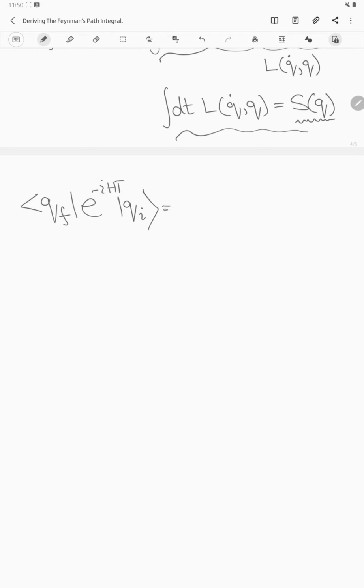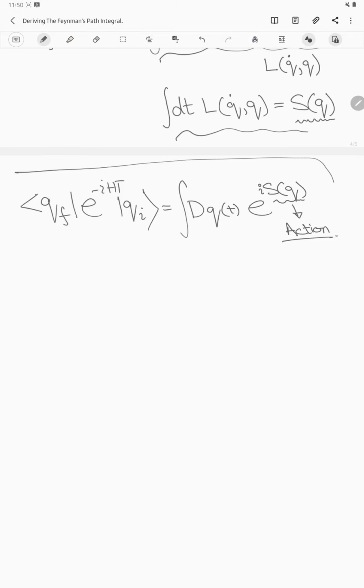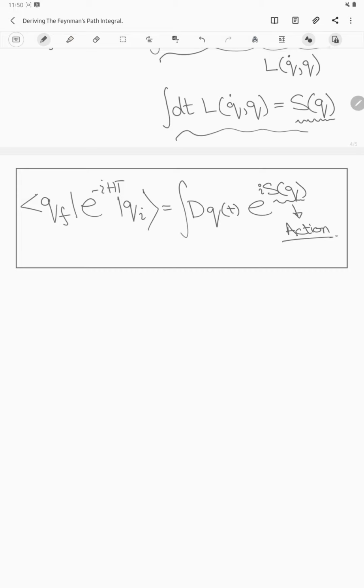This amplitude is given by the integral over dq, which is a function of time, exponential iota S of q, where again S of q is just the action. Right, and we are done. So this thing then is your path integral representation of quantum mechanics.